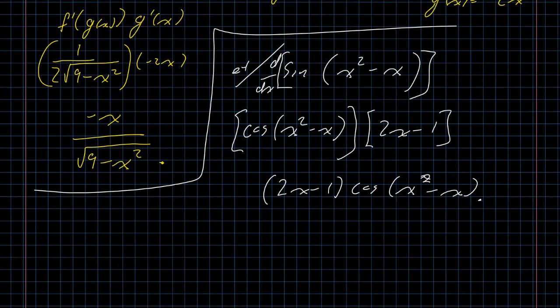And the derivative of sine of x squared minus x is 2x minus 1 times the cosine of x squared minus x. Right? Now that we know the chain rule, it's doing all the heavy lifting for us. It's just a matter of going through and doing the evaluation.